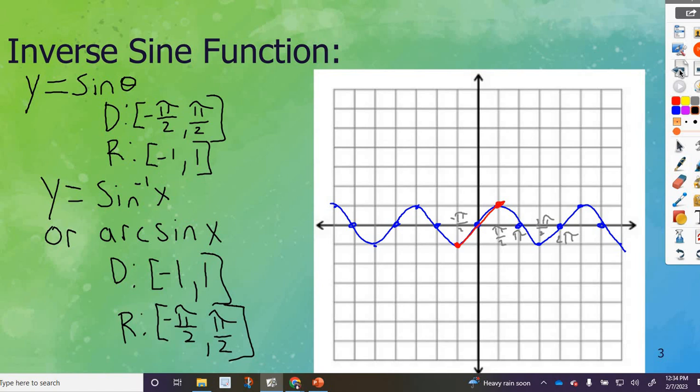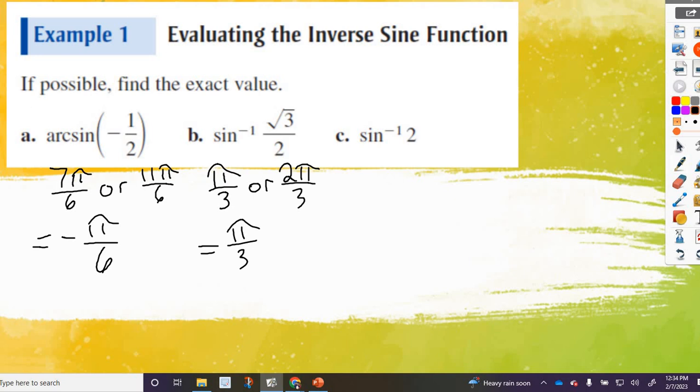No. So that means that I also can't plug in 2 for arc sine. So we would just say that this is undefined. So if you try and plug in something that's bigger than 1 or smaller than negative 1, it's going to give you a domain error. Questions on that?